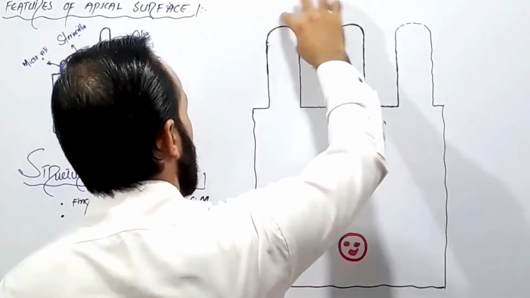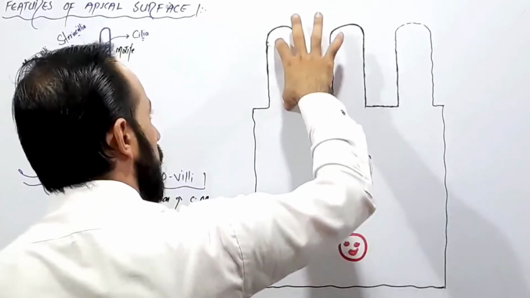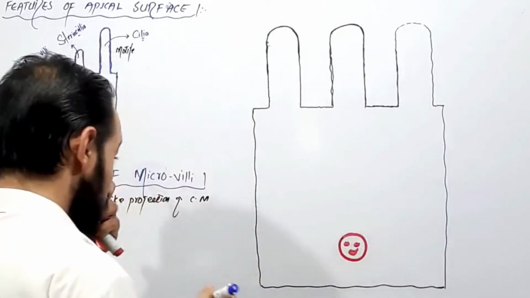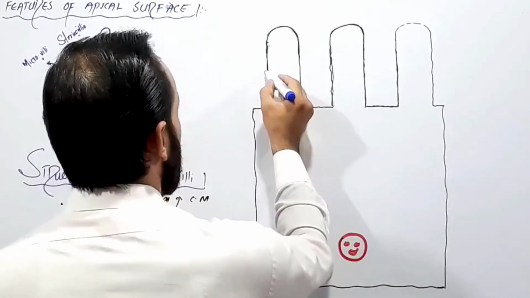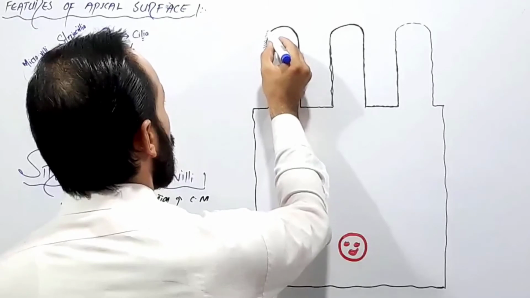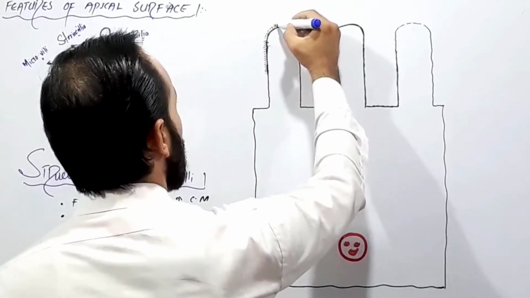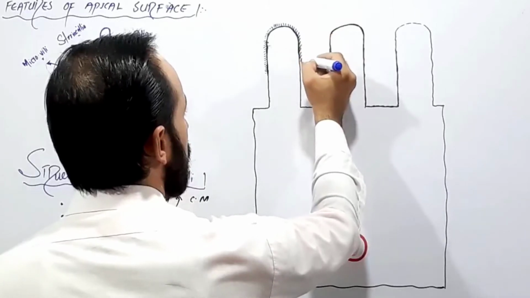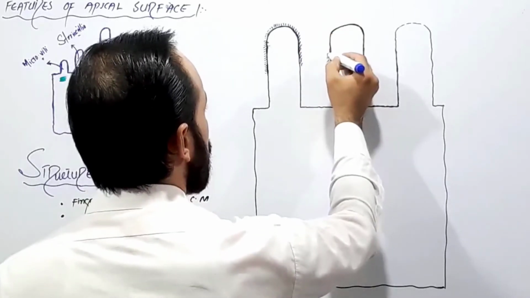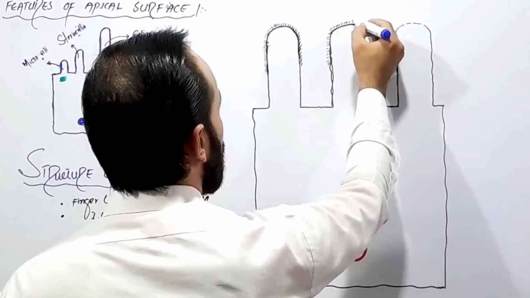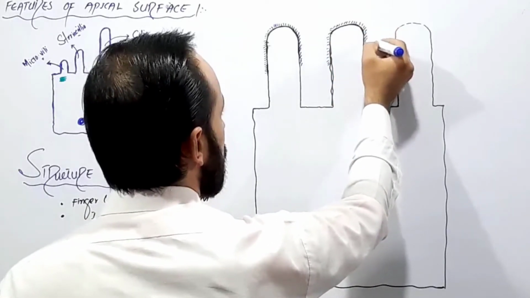On the apical part of the microvilli, there is a glycocalyx layer. Glycocalyx is made up of carbohydrates. So this is a glycocalyx layer on its upper surface. We will discuss only two of them, not all of them.